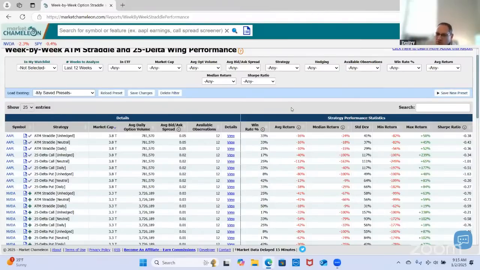Okay, I got a 33% historical success rate with this, but what was the average return? The average return could still be positive, right? Even if 2/3 of the time it lost on average 10%, but the other third of the time when it hits, you're making 400 or 500%.